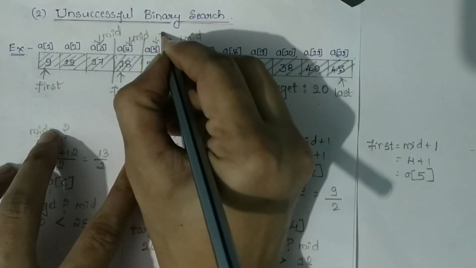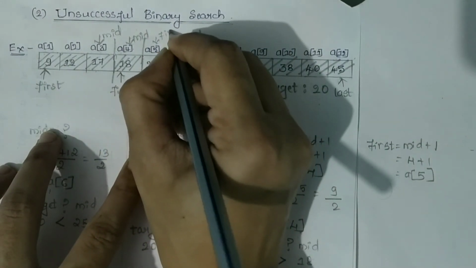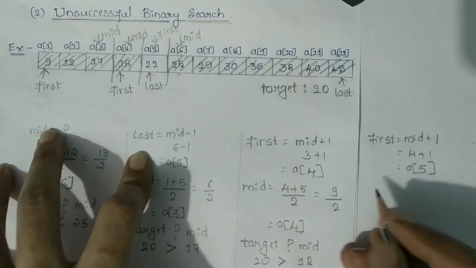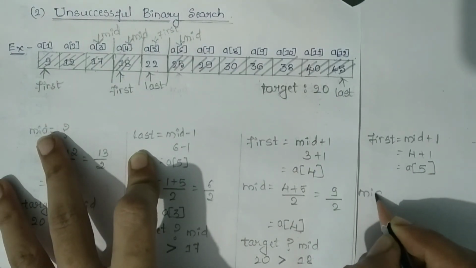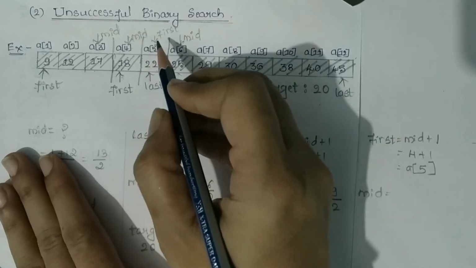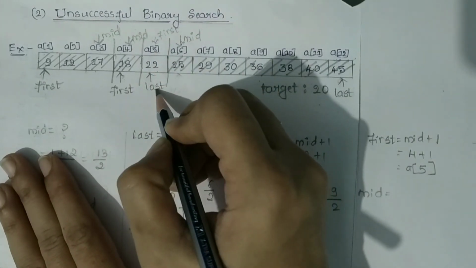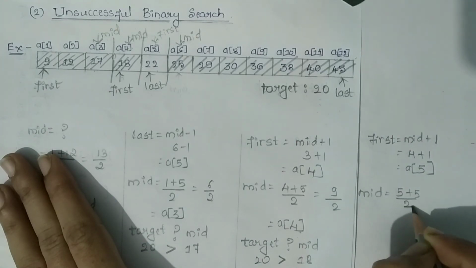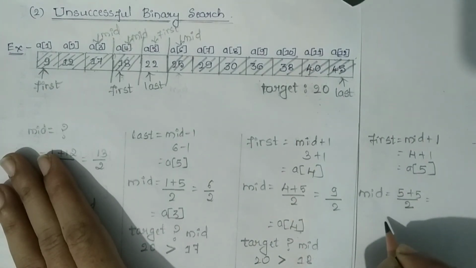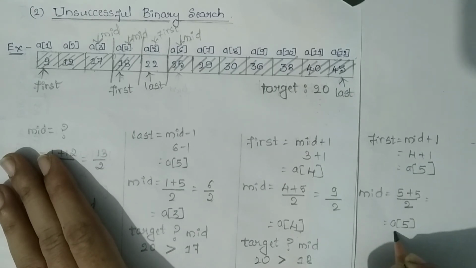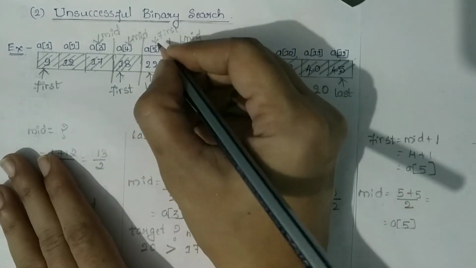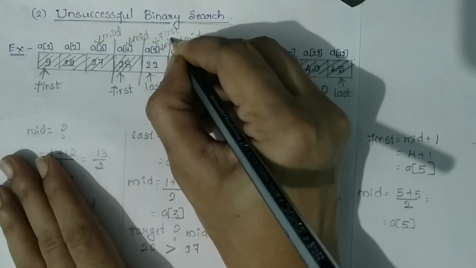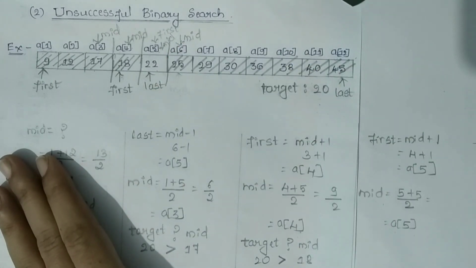This becomes first of the list. Now find out the middle of the list. First is 5, last is 5, divided by 2. That is 10 by 2 is 5. Array of 5. This is the mid value of the list now.